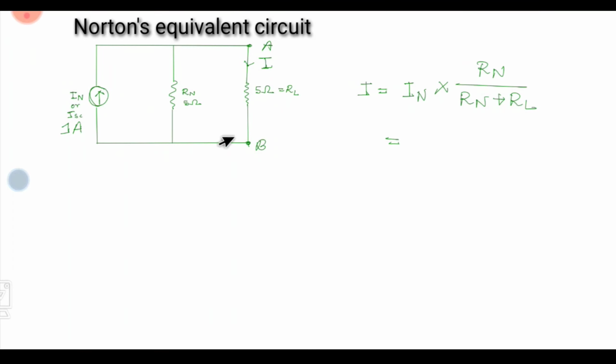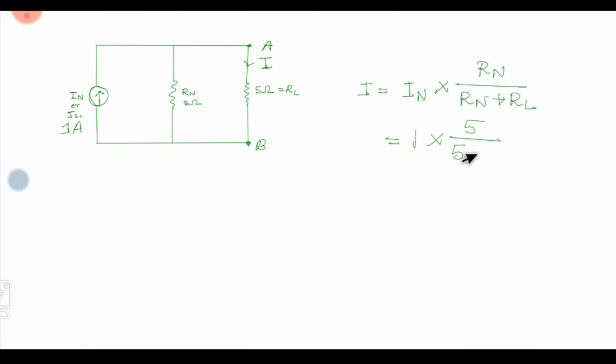Here IN equals 1 ampere, Rn equals 5 ohm, and RL is also 5, so 5 plus 5 is 10, 5 by 10, so it would be 0.5 ampere. So you can say easily that the current across this load resistance of 5 ohm is 0.5 ampere. I hope you understand this process.